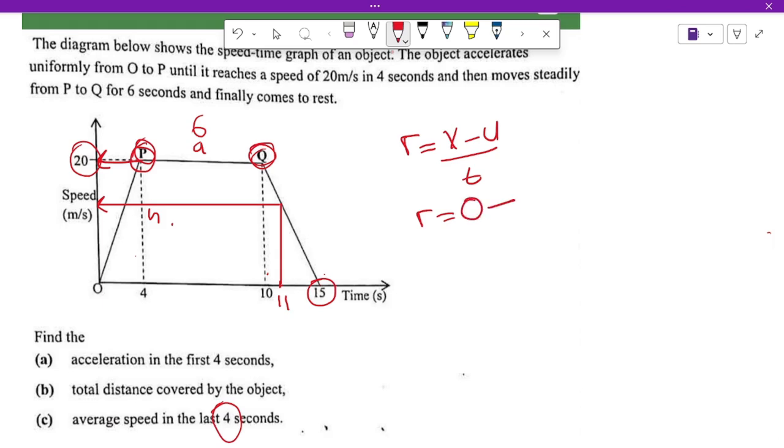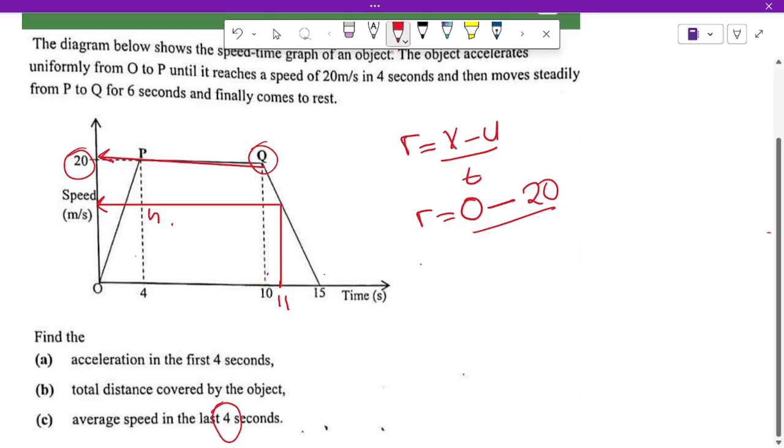It's starting from right here at Q. To check the initial, you have to go towards the axis for speed. So your initial is 20. And then what is the time? The time is 15 minus 10, giving me a 5.